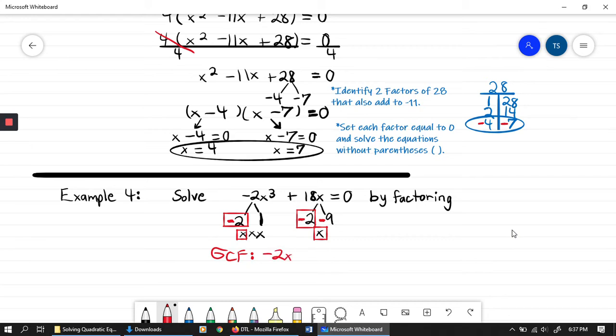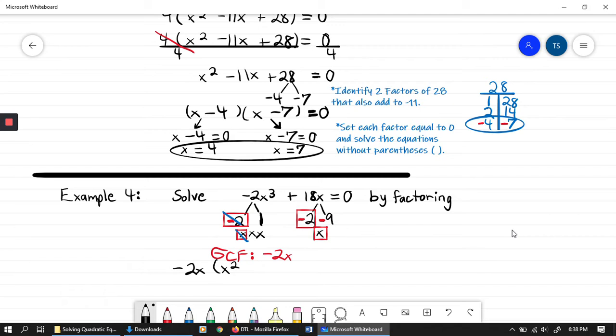When we factor out that GCF, the way that it winds up looking, we'll have the negative 2x on the outside of the parentheses, and we'll wind up having x squared left over, because if you take away and factor out the GCF, you can see what's left over here. 1 is the number left over, so that's the coefficient, and there's 2 x's left over.